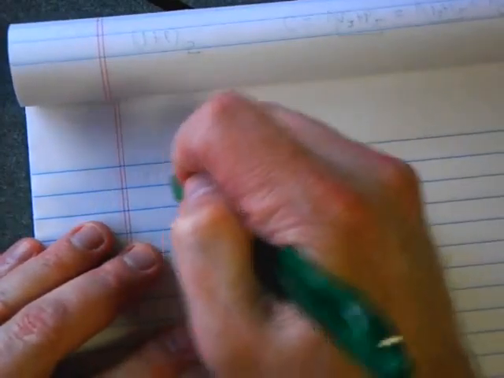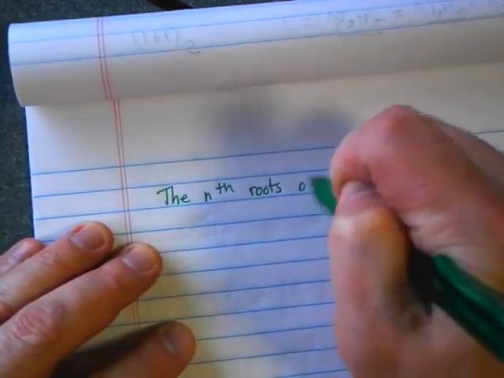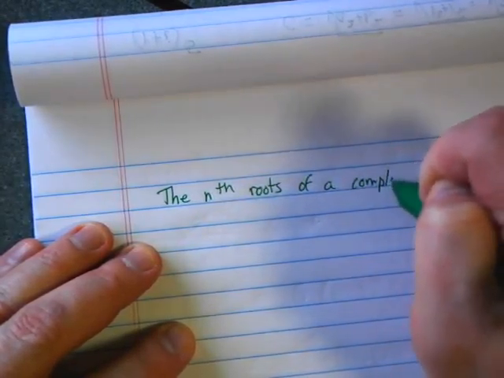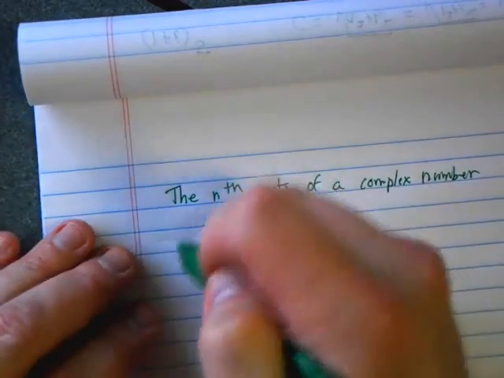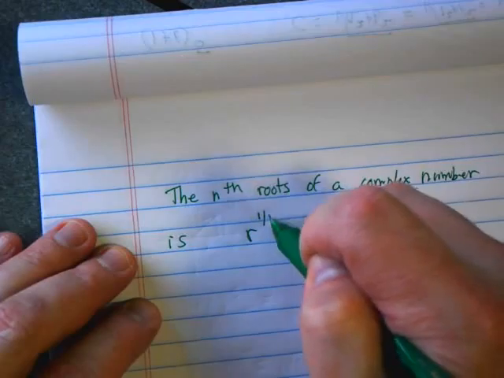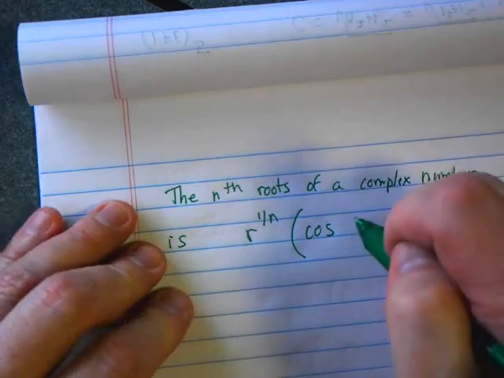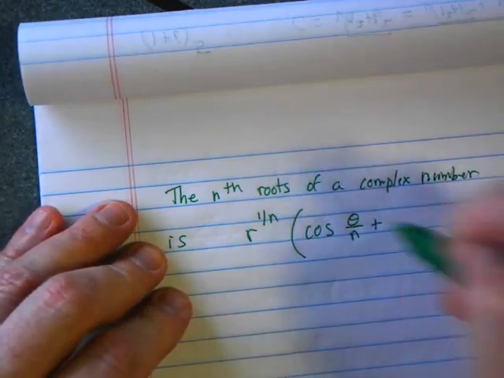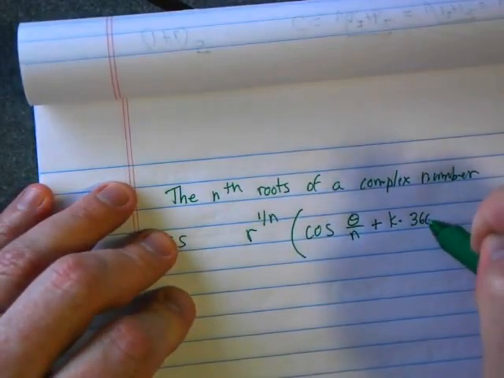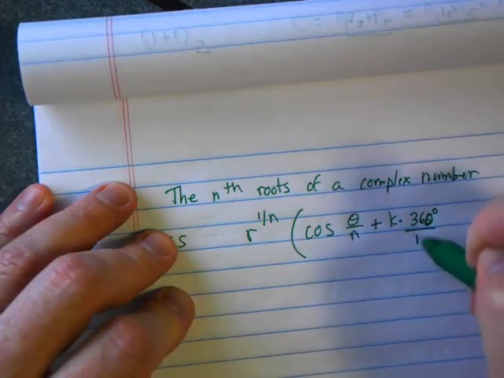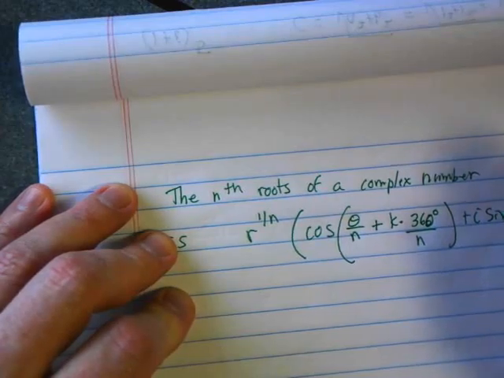So if we have the nth roots of a complex number, or a real number, it actually works for real numbers too, it is r to the 1 over n times cosine of theta over n plus k times 360 degrees over n, plus I sine of the same thing.